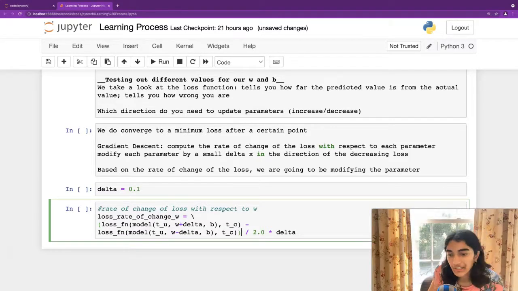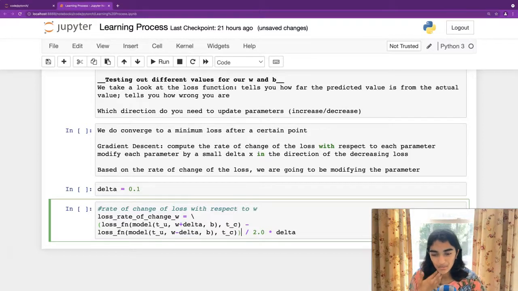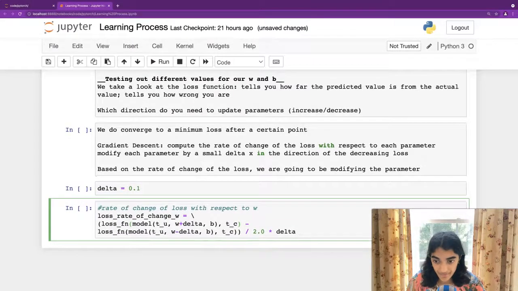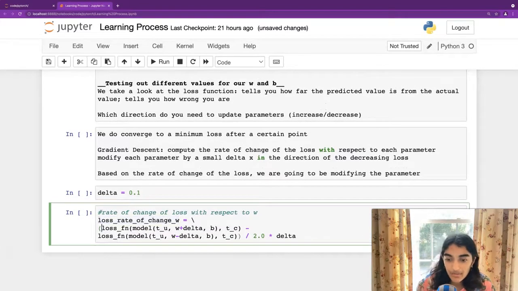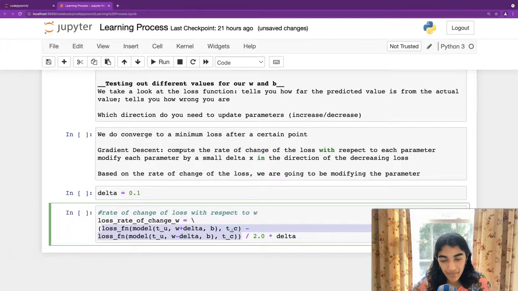Okay, so what did we do here? I know this is probably confusing, or maybe not, but we have a loss function. This is the rate of change of the loss. So you can expect to see some subtraction. Change in y over change in x.